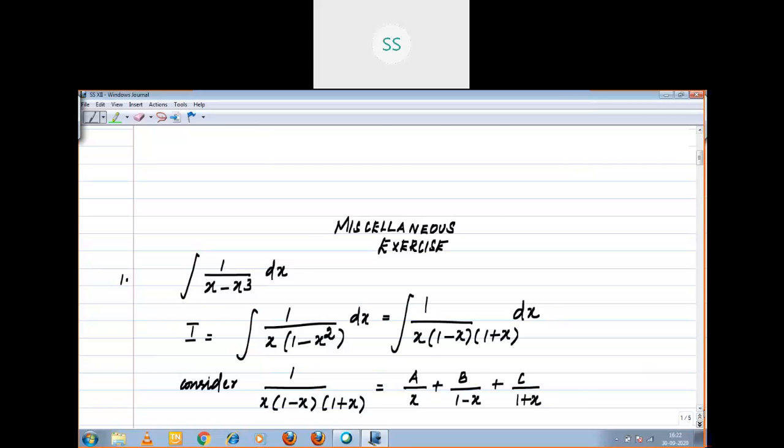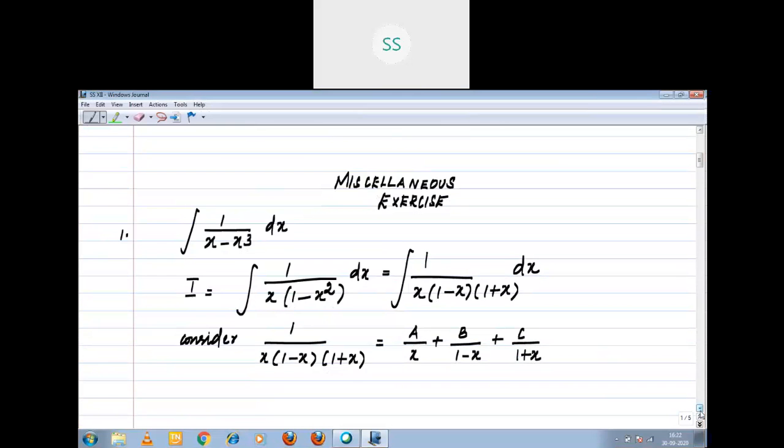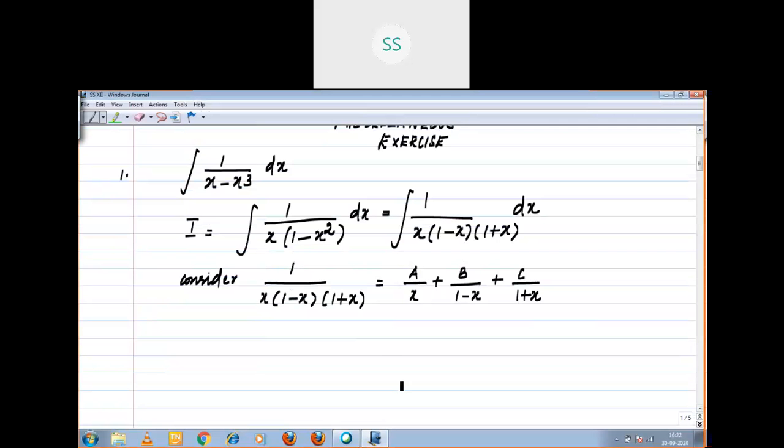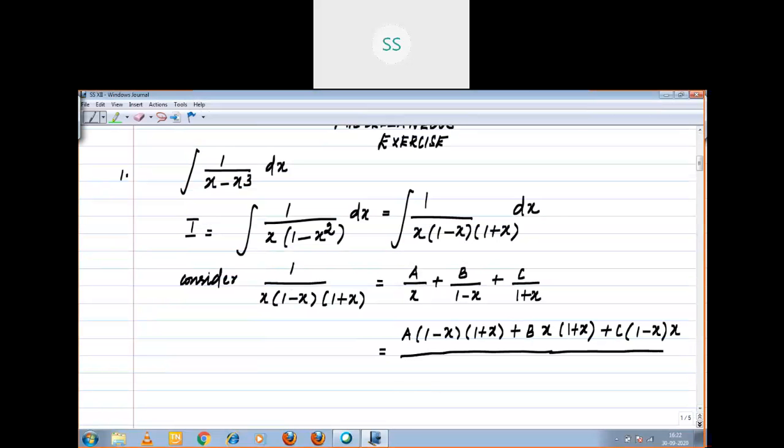Now, I am going to take LCM on the right hand side: a into 1 minus x into 1 plus x plus b into x into 1 plus x plus c into 1 minus x into x, the whole thing divided by x into 1 minus x into 1 plus x.